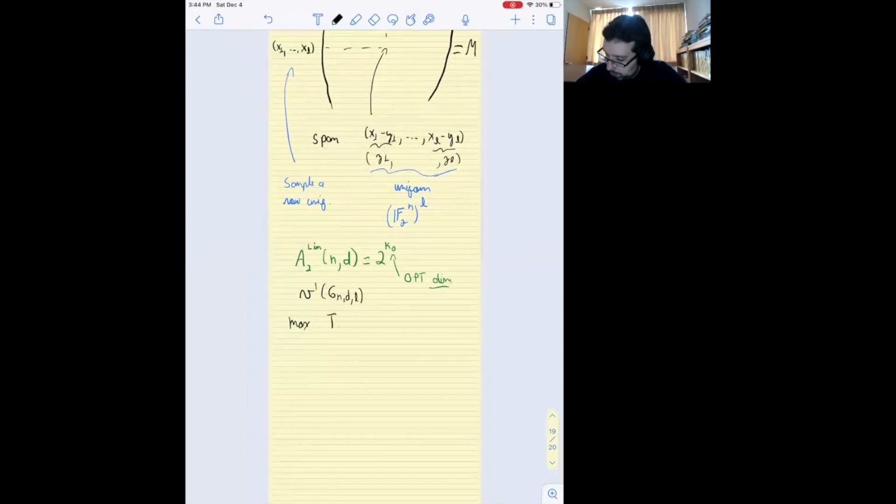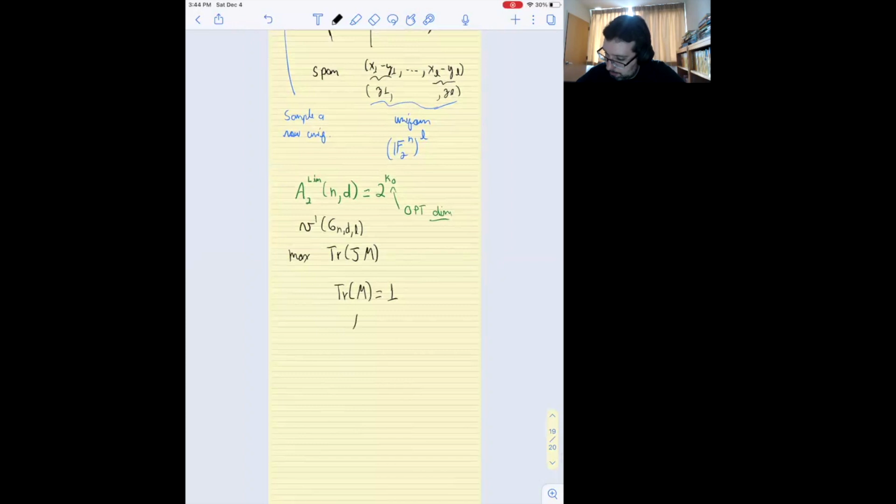The objective function is the trace of J times M. Here we have a normalization constraint, trace of M equals 1. M is going to be a PSD matrix.